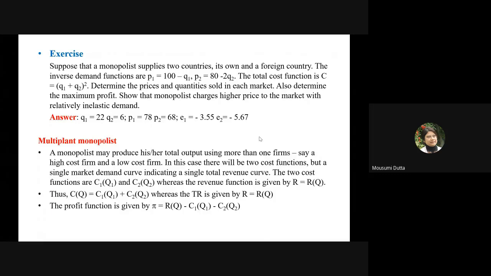Next, we are moving to the multi-plant monopolist. Here, the monopolist will sell in a single market. However, the plants using which the monopolist is producing the commodity are more than one. So the monopolist has a few plants depending on the raw materials or availability of the resource.